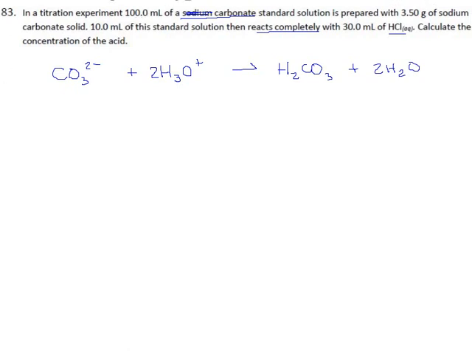Okay, and what else have they given us? We have 10 milliliters of the sodium carbonate solution. They call it a standard solution, which just means one where you know the concentration. So we have 10 ml of the carbonate solution, 30 milliliters of the acid.